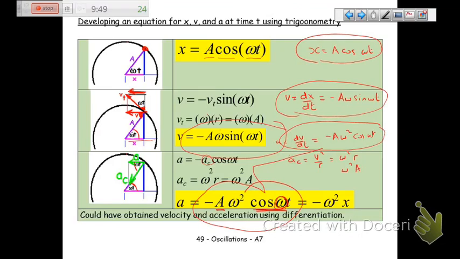And another question. What does the y component of a stand for? Look at the circle on top. We have A, amplitude. We have x. What is the other one?